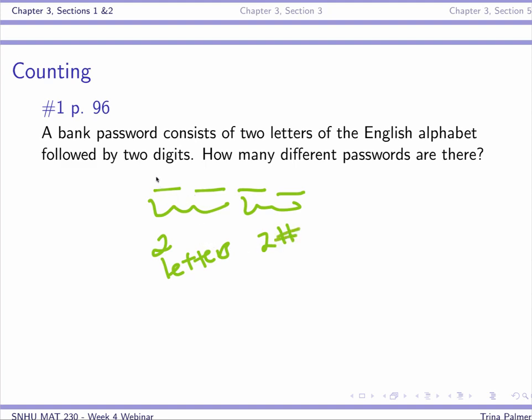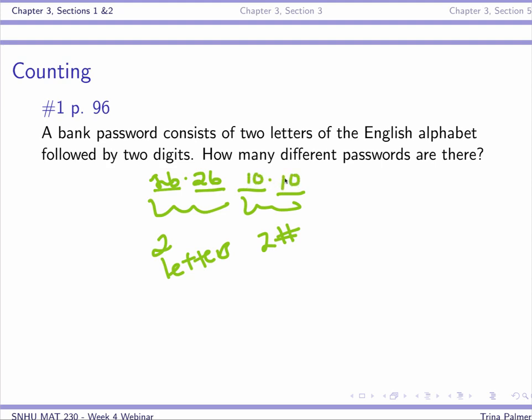There are 26 letters in the alphabet, so there are 26 possibilities for both of these positions. It's 26 for both because it doesn't say that you cannot have repeats. So you could have AA or BB. So there's 26 choices for both of those, and there's 10 choices for each of these.